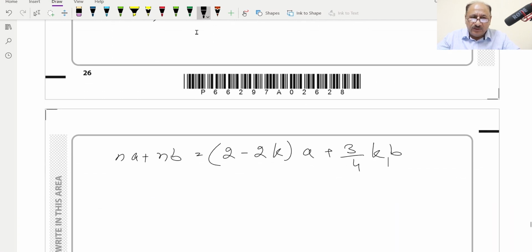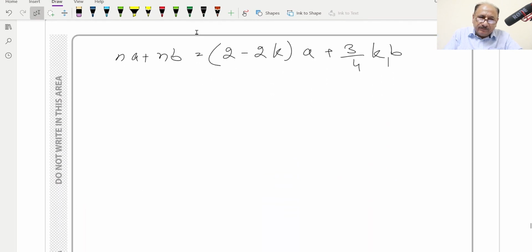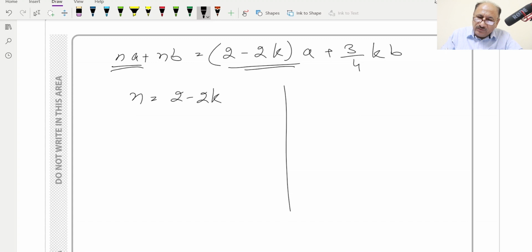So we can compare A with A. If we compare the coefficients of A, N will be equal to 2 minus 2K, and if we compare the coefficients of B, N will be equal to 4 by 3 K.